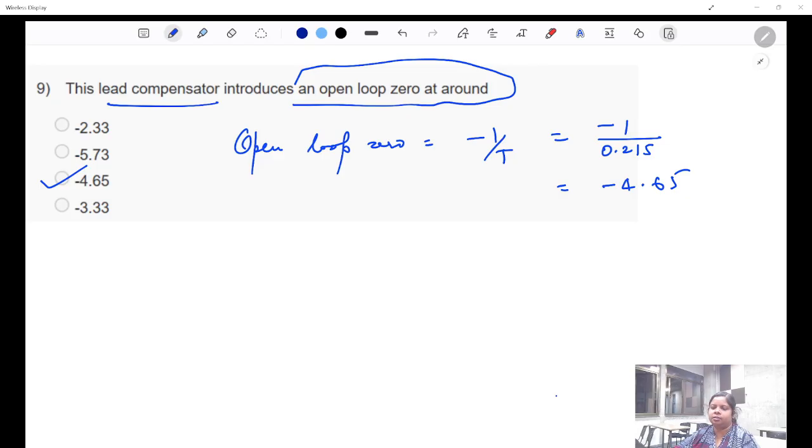So this is the correct answer. The zero of the system was minus 1 by T, and the pole of the system was minus 1 upon alpha T. So just substitute the value and you get the answer here.